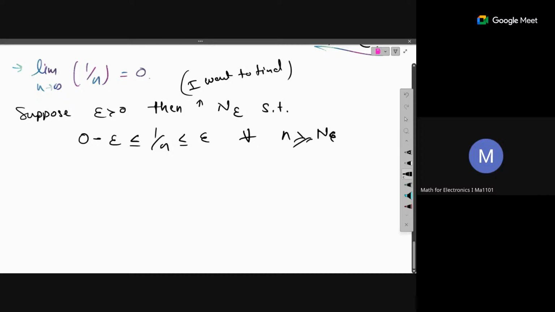Now here we just choose our n epsilon wisely. If epsilon strictly greater than 0 is given, then we can choose n epsilon in such a way that this condition holds.